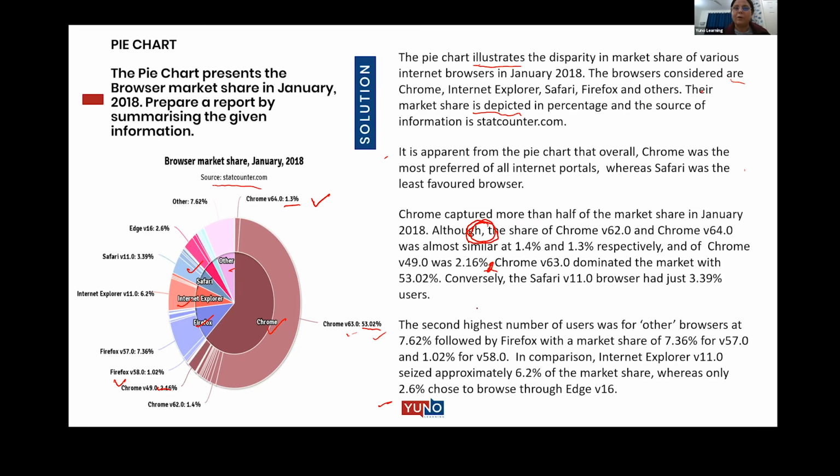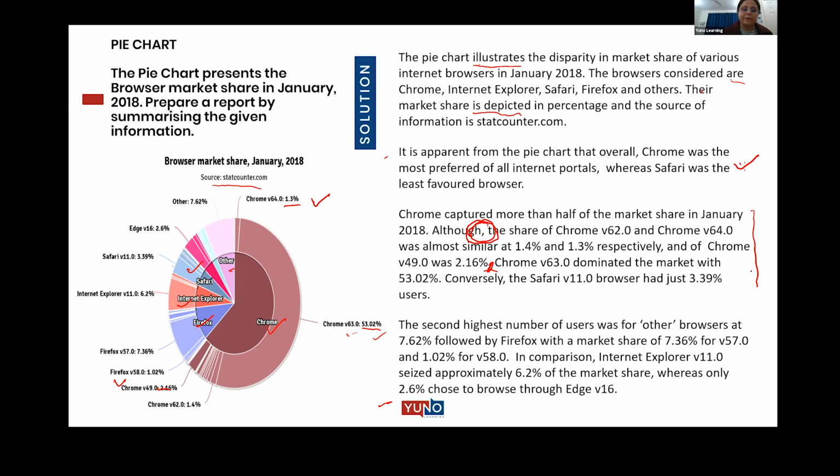Instead of putting on the contrary, 3 words, 1 word conversely. The Safari v11.0, this is what it is. Browser had just 3.39% users. So whatever striking features you have here in the overview paragraph, they are given here with proper details. All the values mentioned.